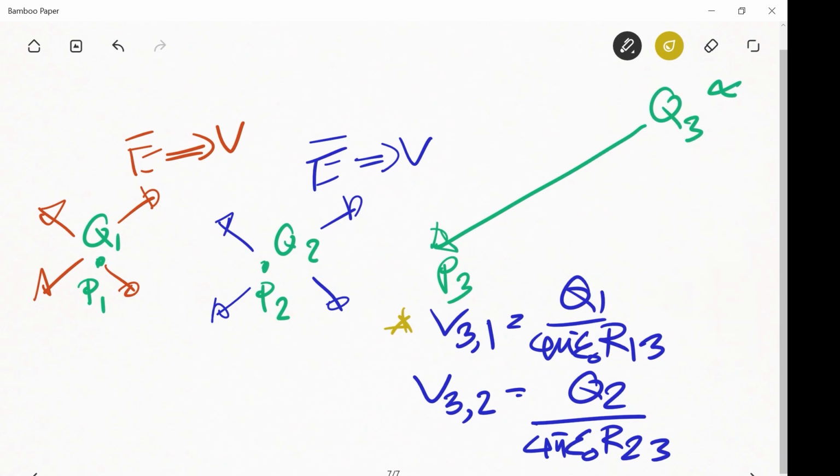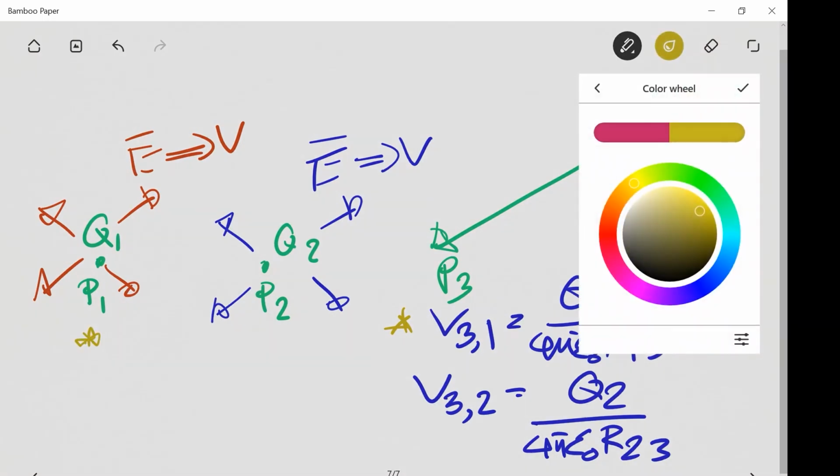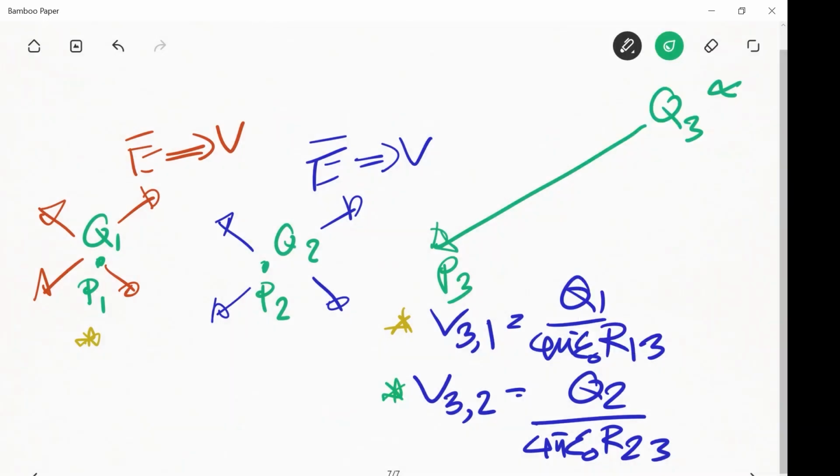The first is the work to move 1 coulomb from infinity to point 3 when we have Q1 here, and the second is the work to move 1 coulomb from infinity to point P3 when we have Q2 here.